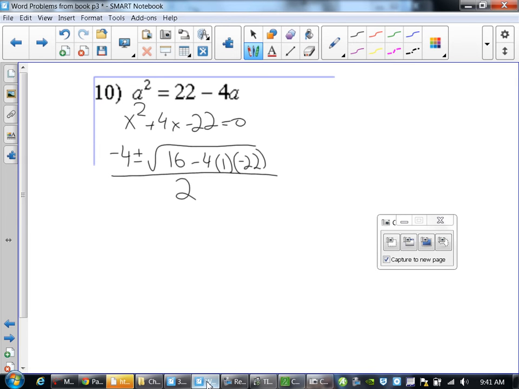So I get 16 plus 88. Oh, that's where I messed up. There you go. Negative 4 plus or minus the square root of 16 plus 88, which is 104.